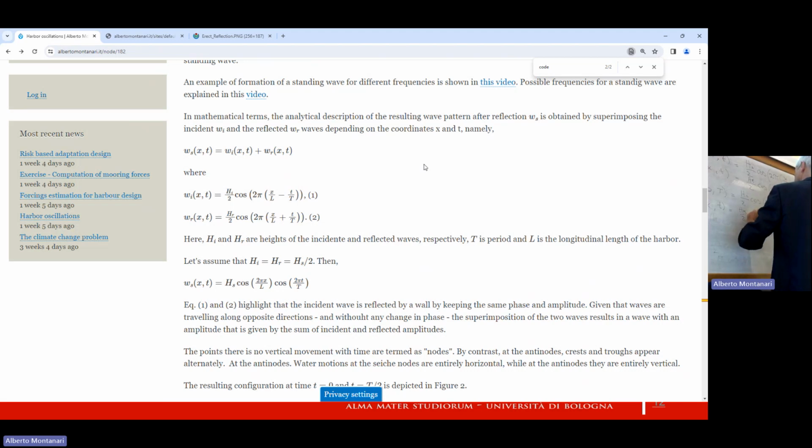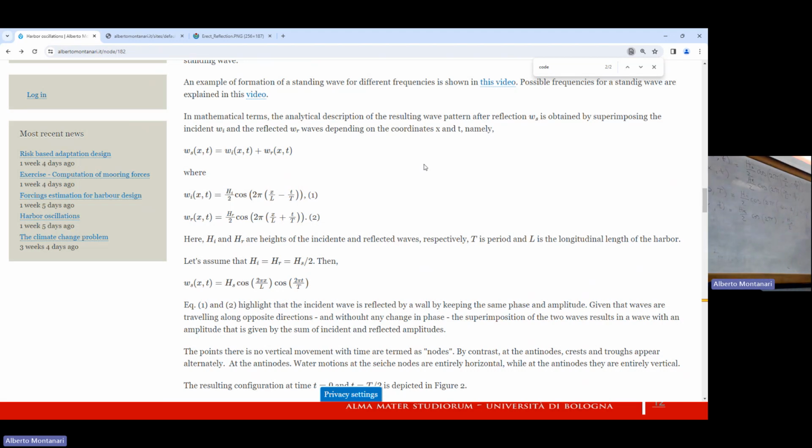It is still 2π, right? Because here we have 0 plus 1. So cos 2π is 1, and we get H_R divided by 2.